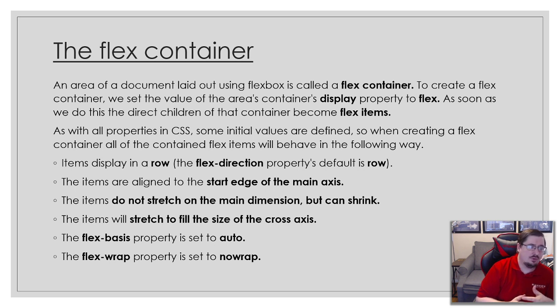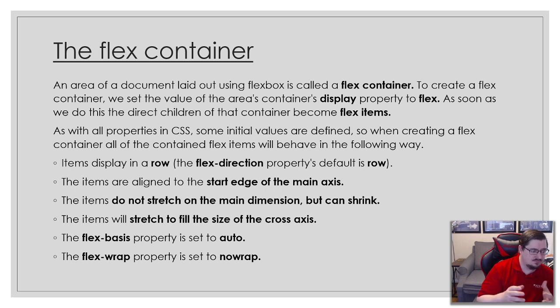Items generally don't stretch on the main axis by default, but they can shrink. They can't get bigger. Flexbox by default won't make them bigger, but it will make them smaller if there's not enough space for everything. On the other side, they will be stretched to fill the full width of their cross axis, which is what I mentioned before.